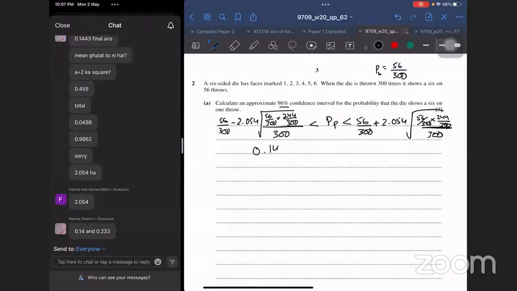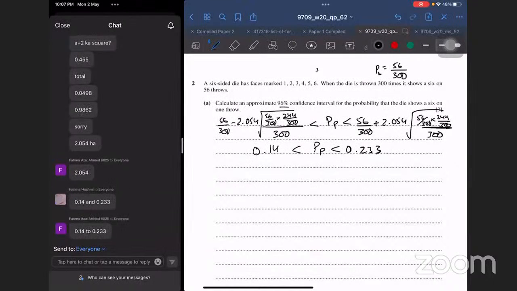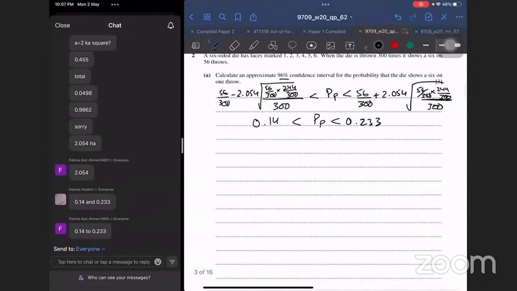Okay, 0.14 or 0.233. Okay, that's right. This was simple, 3 marks.